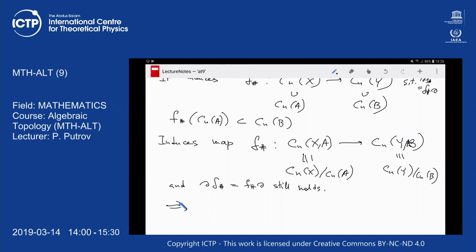And therefore, we know that any map between abstract chain complexes which satisfies this condition induces a well-defined map on the homologies, which before we denoted with F star.